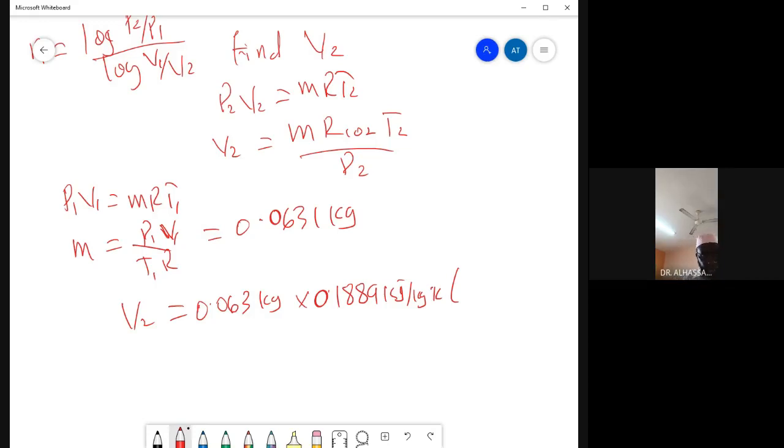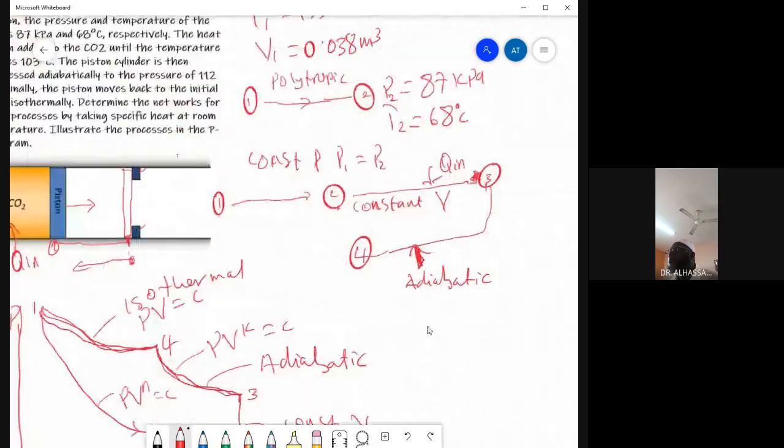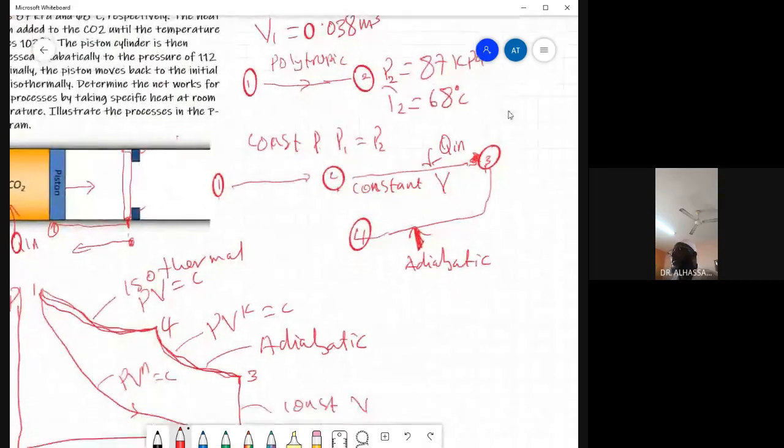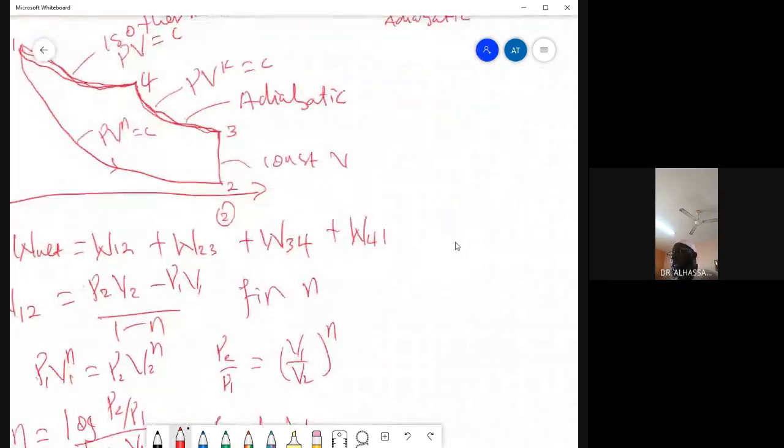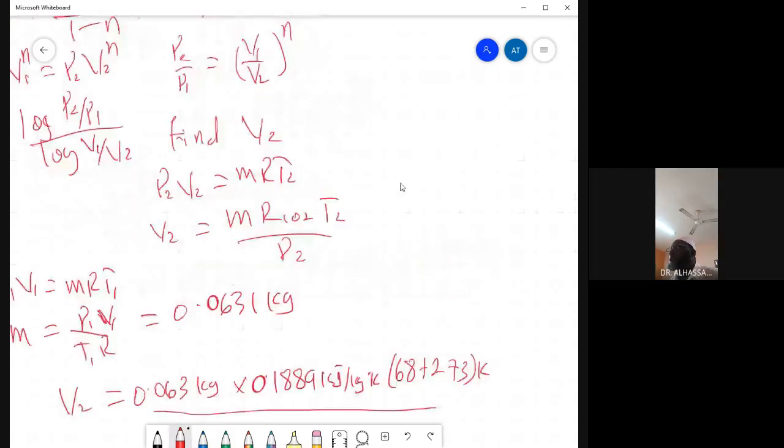T2 is 68, so 68 plus 273, in Kelvin, all divided by the pressure.